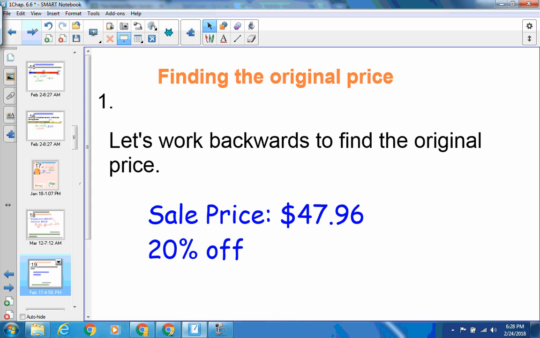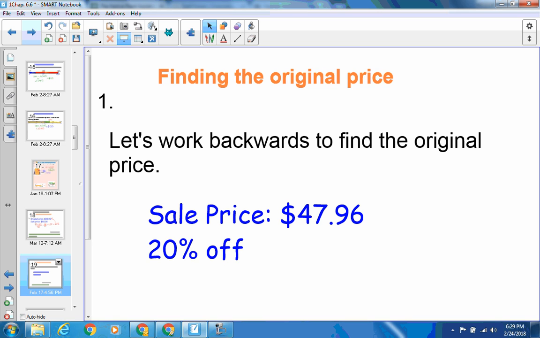Okay, moving on. Now we're up on the top right, finding the original price. What that means is that you're working backwards to find the original price. In this case, we know what the sale price is and we know what the discount is. So we are wondering what was the original price? It's kind of like finding the whole that we did back in 6.3 and 6.4.